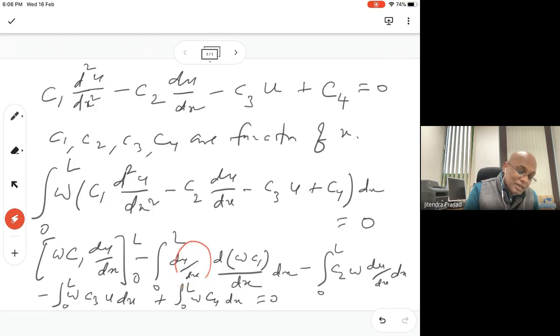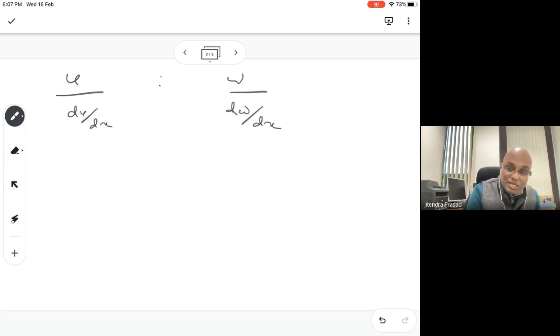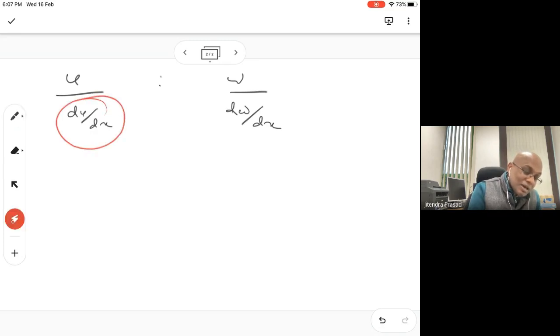So you get a combination of terms from the u side and the w side: du over dx multiplied by dw over dx, or du over dx and w itself, or a term with u multiplied by w.